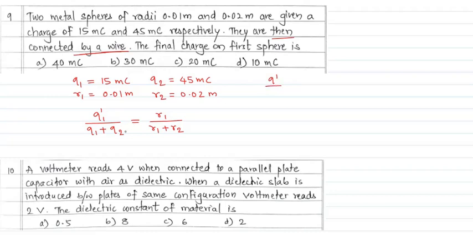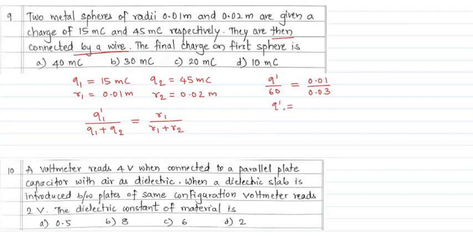So Q dash divided by Q1 plus Q2, 15 plus 45, will be 60 in millicoulomb. R1 is 0.01. If you add both radii, you will have 0.03.